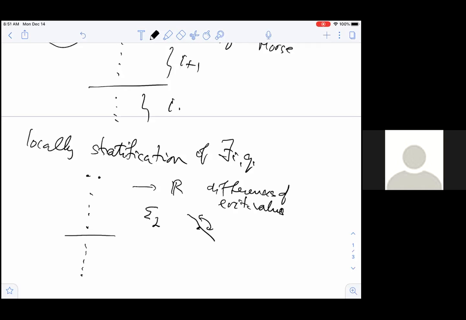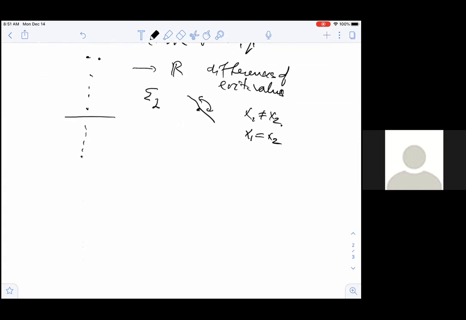So it gives you a stratification of the real line where the generic stratum is where x1 is different from x2, and there are two components of that. And then the singular stratum is where x1 equals x2.